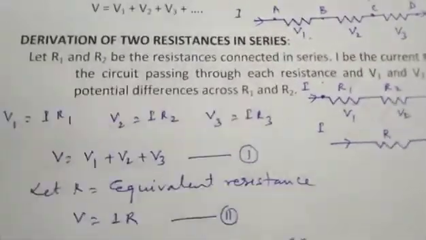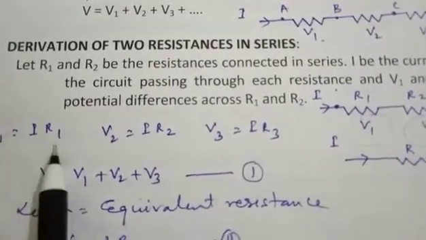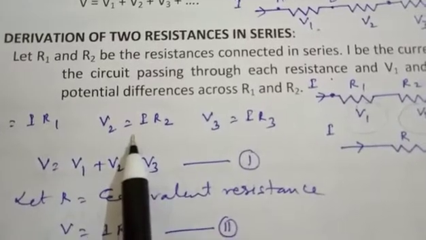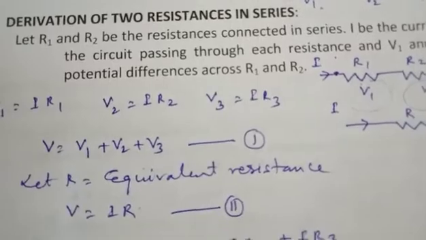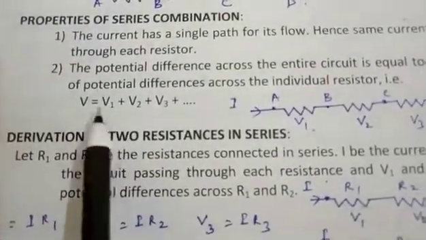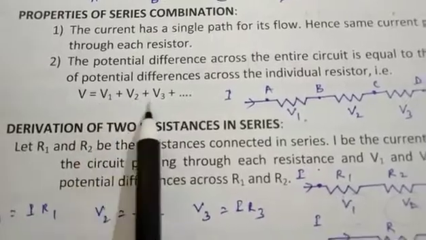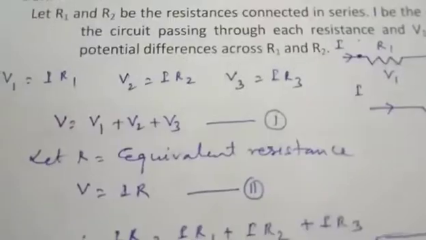Now according to the Ohm's law, V1 will be equal to IR1, V2 is equal to IR2, V3 is equal to IR3. And as we have seen in the second property, the total potential will be equal to the sum of each potentials. So look at the equation number 1.